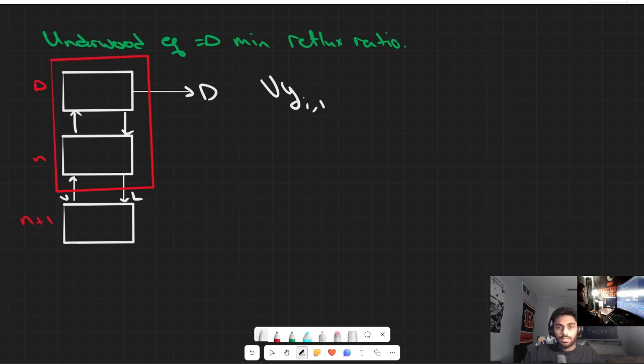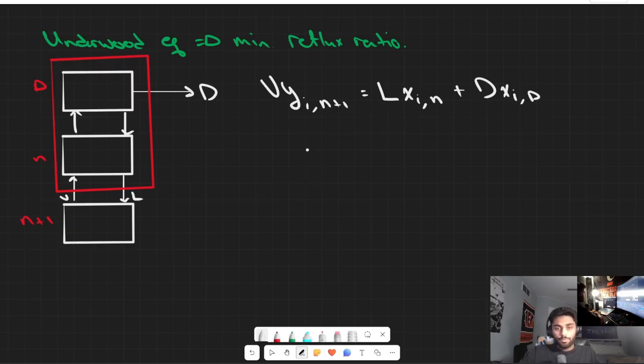That from stage n+1 is going to be equal to the liquid flow rate exiting stage n times the liquid mole fraction of component i exiting stage n, plus the distillate flow rate times the liquid mole fraction of component i from the distillate stage. So this is just a very simple mass balance. We have what's entering and what's exiting on opposite sides.